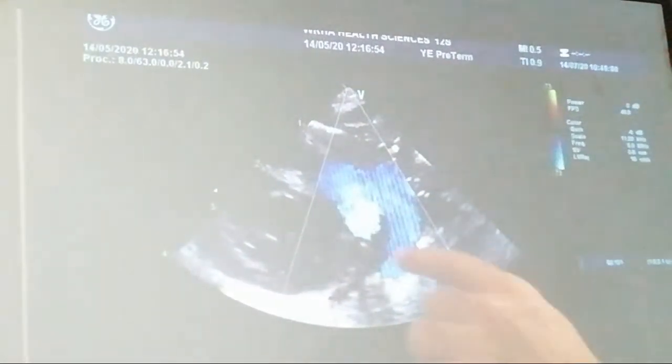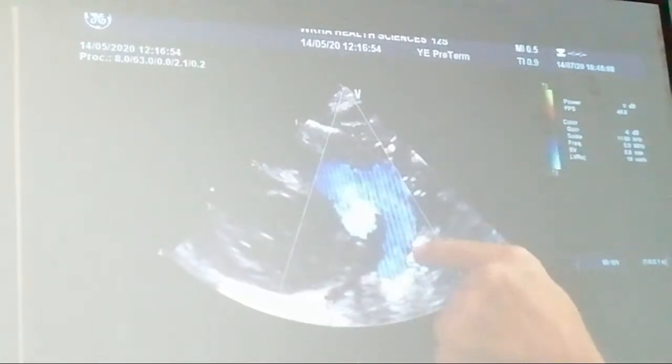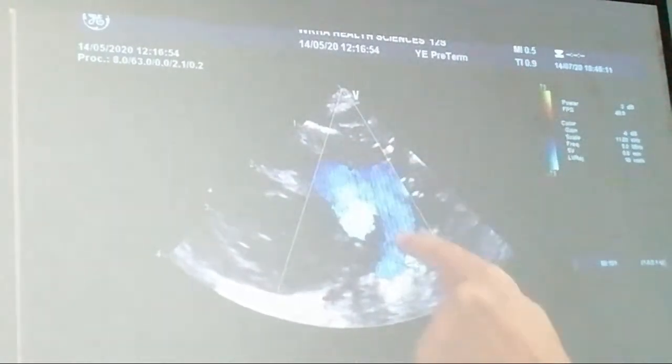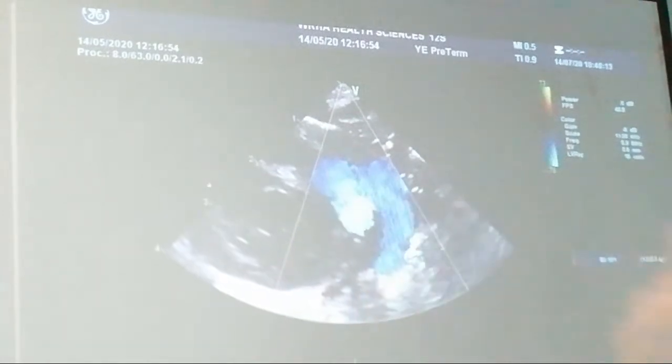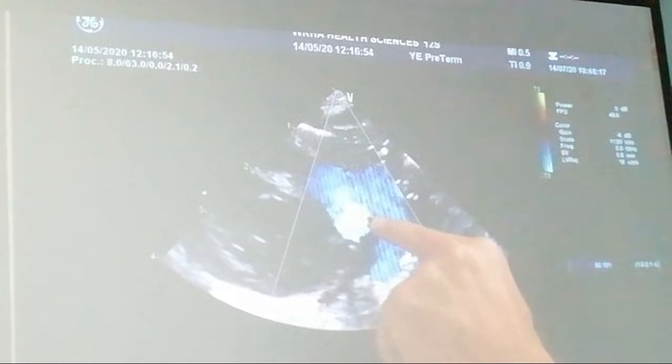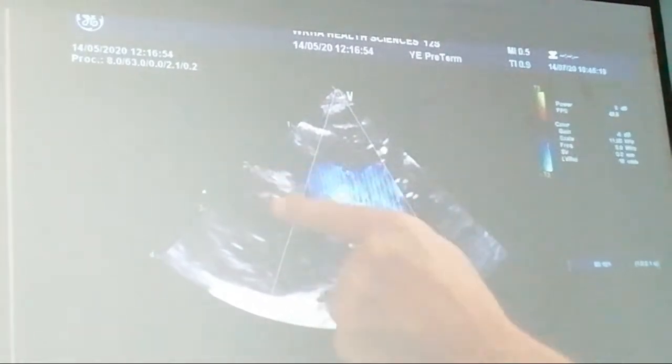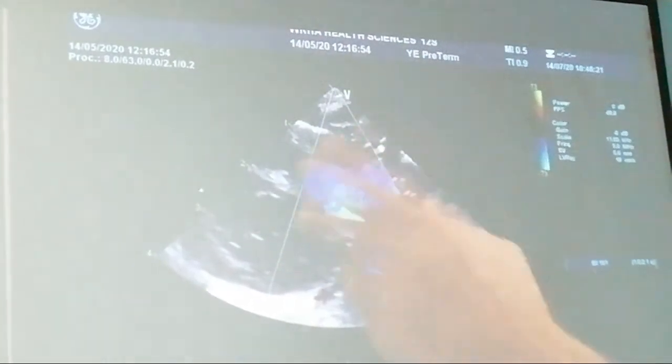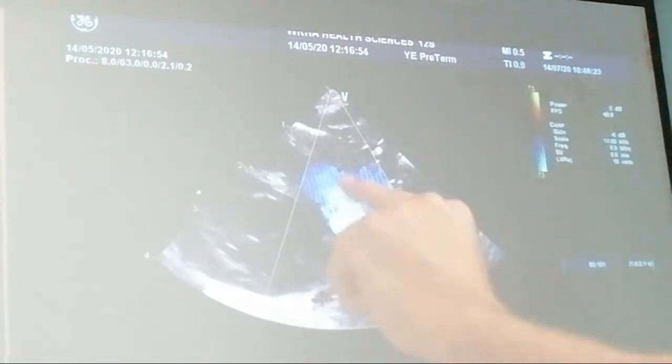If there is a PDA, it should be a red color between the blue flow of the descending aorta and the blue flow of the pulmonary artery, because the ductus will be moving the blood against the flow of the pulmonary artery. And against the flow means a different color, so the color will be red.